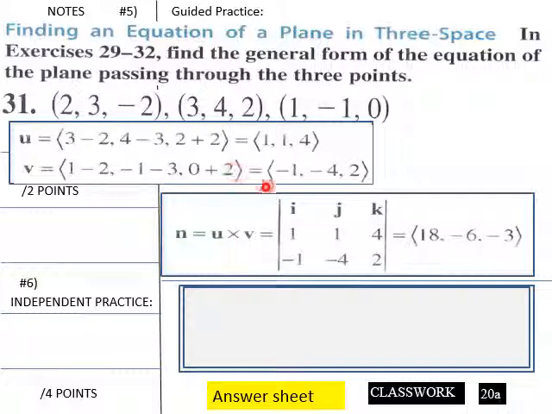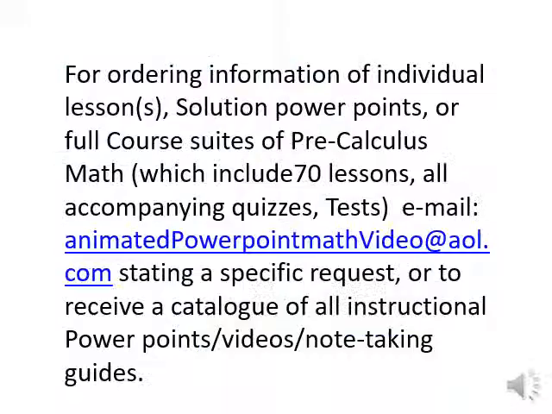Now we can make our matrix, and this multiplies out as 18, negative 6, and negative 3. I'm going to let you do that one.